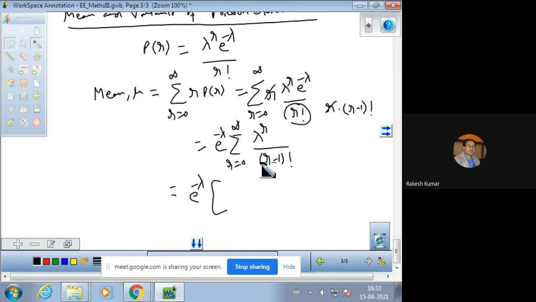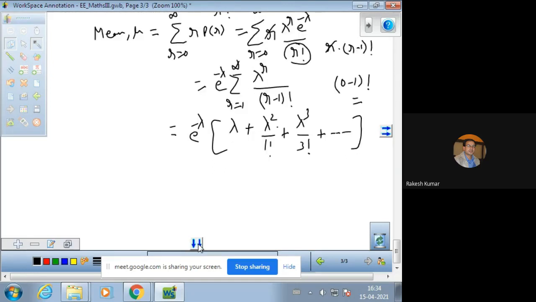So ultimately, this summation should now vary from r equal to 1. So the minimum value of r should be 1, and r should vary from 1 to infinity, because for r equal to 0, 0 minus 1 factorial is not defined. So for r equal to 1, that is lambda over 0 factorial, that is lambda; then lambda square over 1 factorial, lambda cube over 2 factorial, and so on.